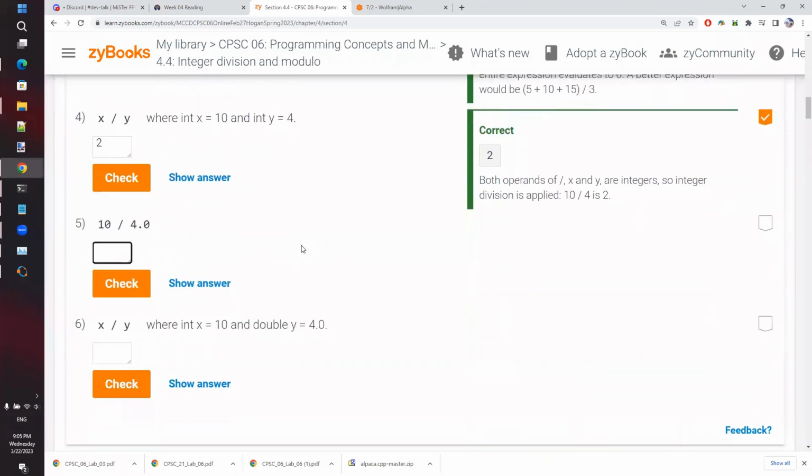Okay. Now, the way Java works is as soon as you put in a decimal point, it will assume that we're calculating floating point numbers again. So when you do 10 over 4 and you get 2.5 here, this time it will keep it because as soon as you put in the point 0, it says, oh, I guess we're not doing integer arithmetic anymore. We're doing floating point arithmetic. We're allowed to use decimals. So it won't cut off the 0.5.